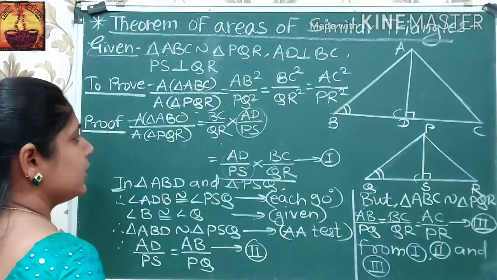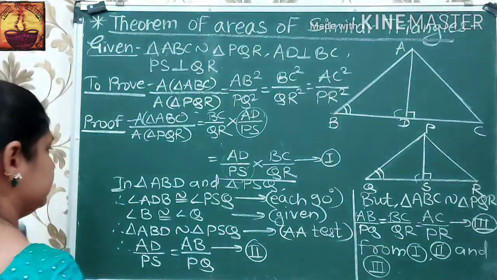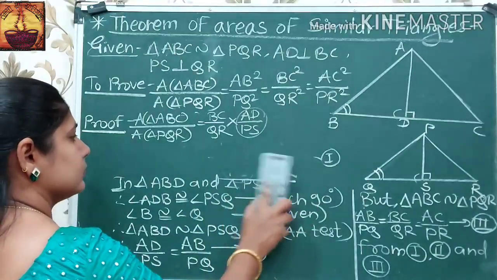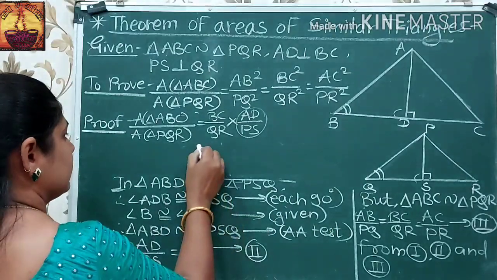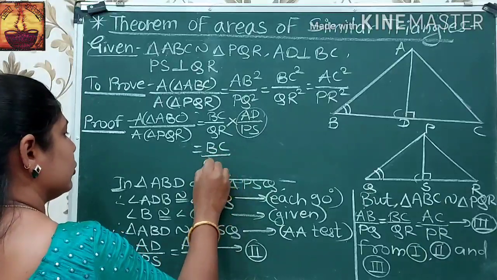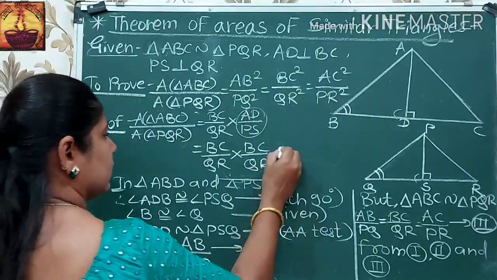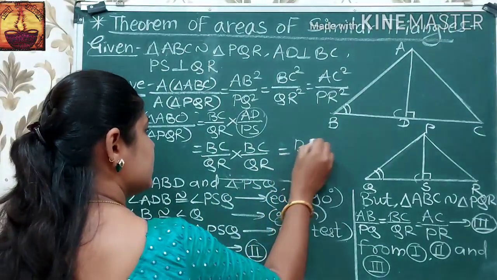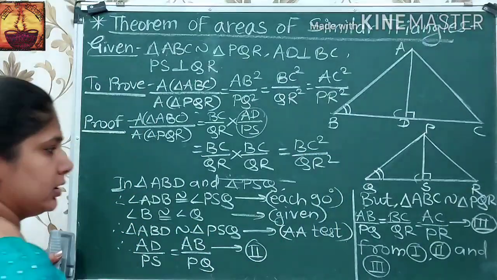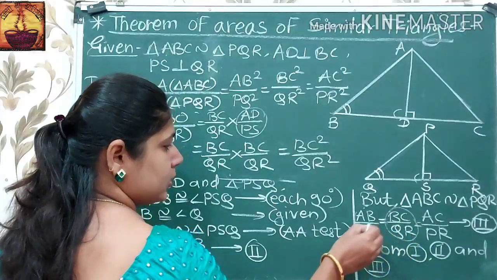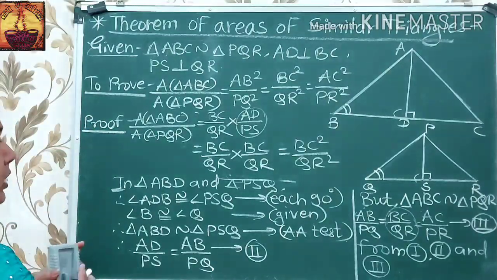Therefore, AD upon PS is equal to BC upon QR. Write it as BC upon QR into BC upon QR. Therefore, it is equal to BC square upon QR square. But in number 3, we have BC upon QR is equal to AB upon PQ, as well as equal to AC upon PR.